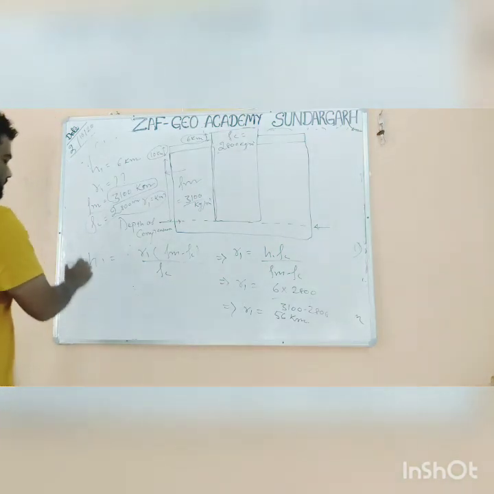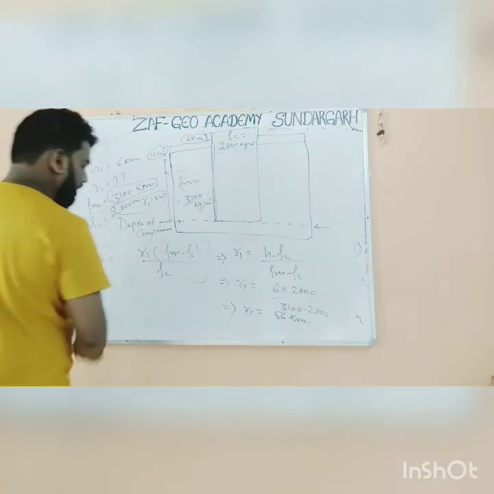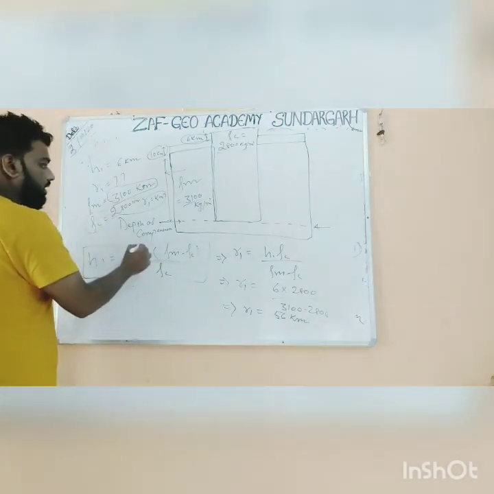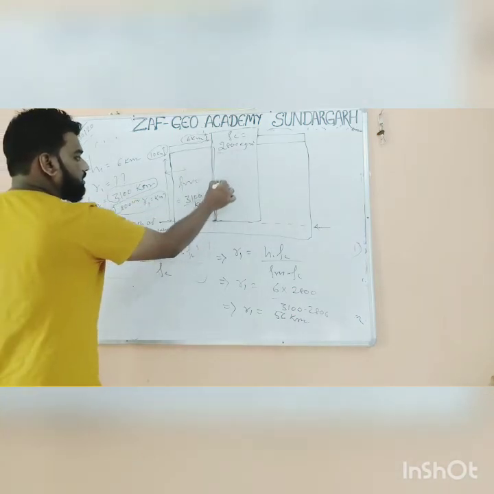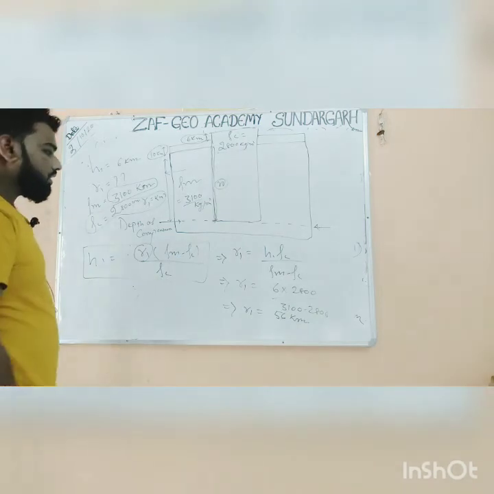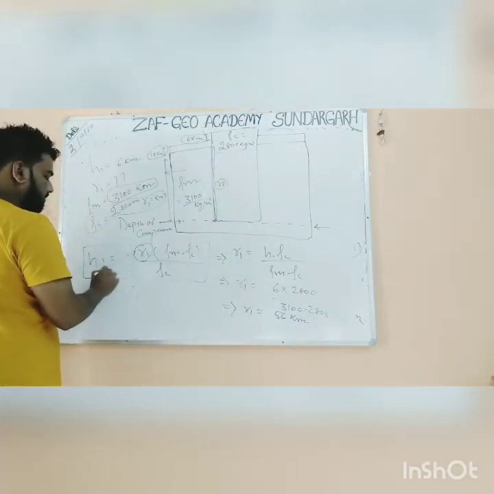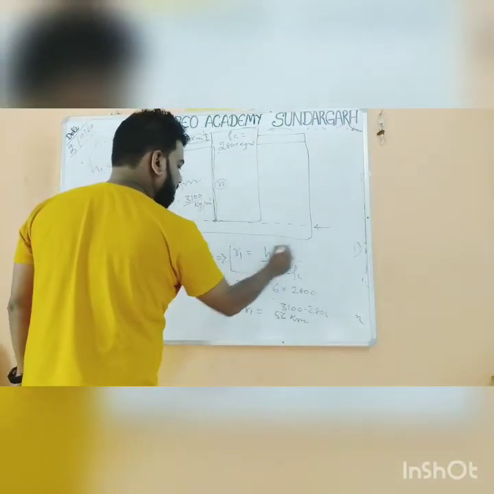Now we know the formula from the Airy isostasy model: h1 will be equal to r1 times rho m minus rho c, divided by rho c. Now we have to calculate r1, this depth, this root. So by cross multiplication, r1 will be equal to h1 rho c divided by rho m minus rho c.